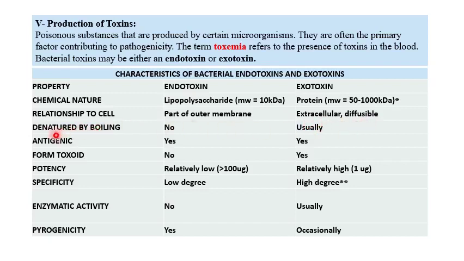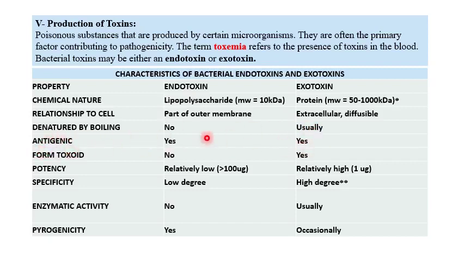Denatured by boiling: the lipopolysaccharide can withstand 100 degrees centigrade, so it is not affected by boiling. But the exotoxin, which is protein in nature, undergoes denaturation by boiling. But here we say it's usually, because there are certain exceptions. Sometimes there are exotoxins that can withstand boiling, as we will see in Staphylococcus enterotoxin, for instance.